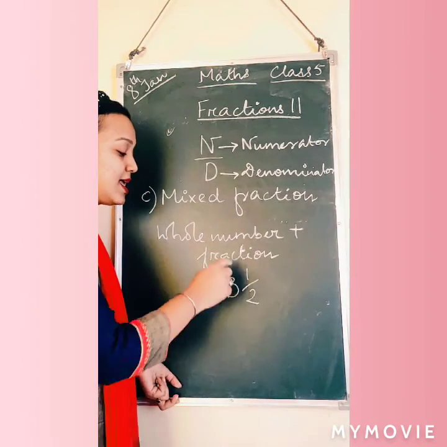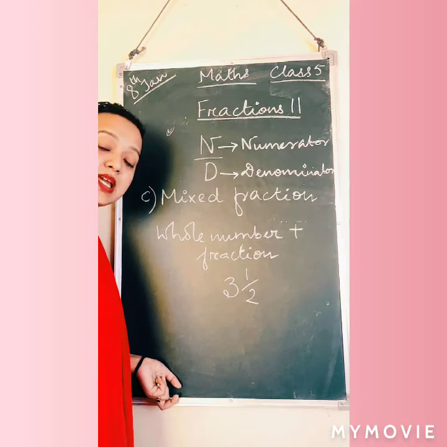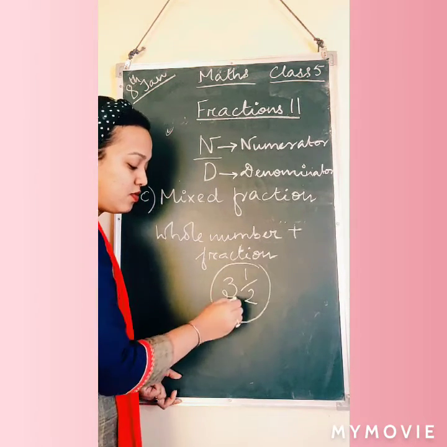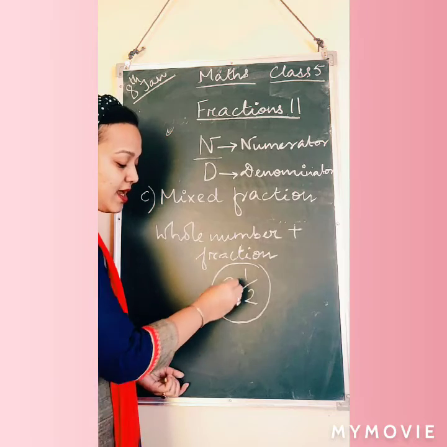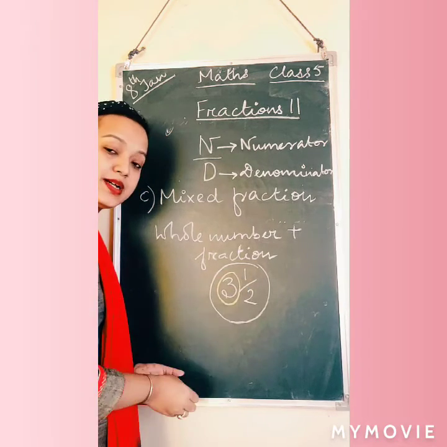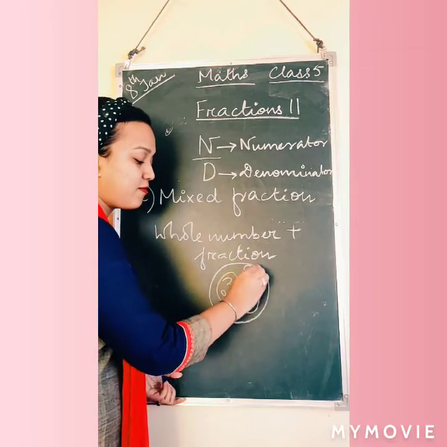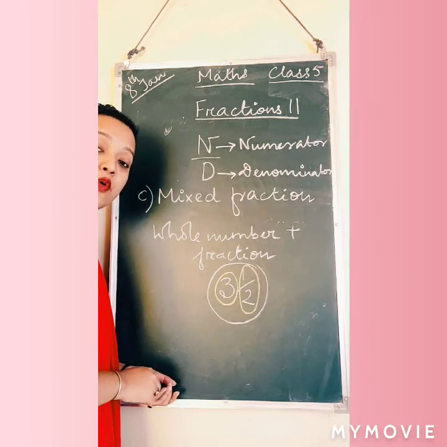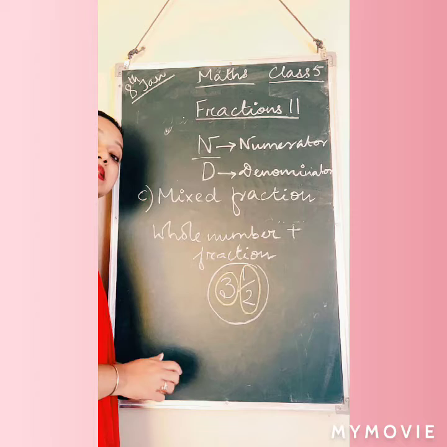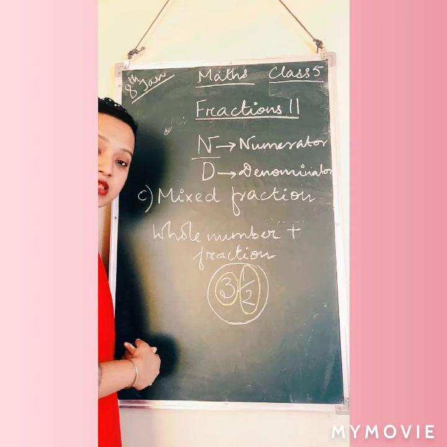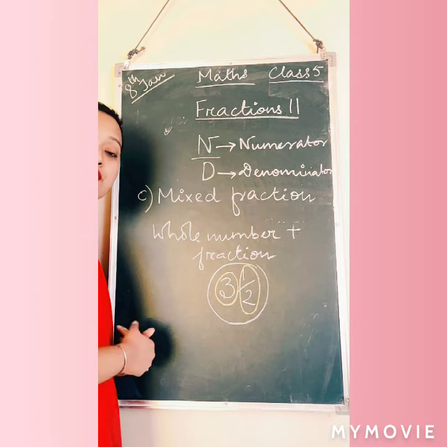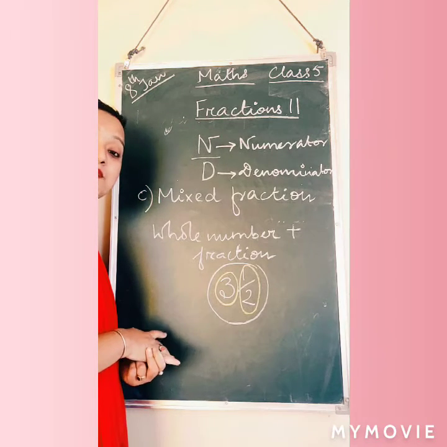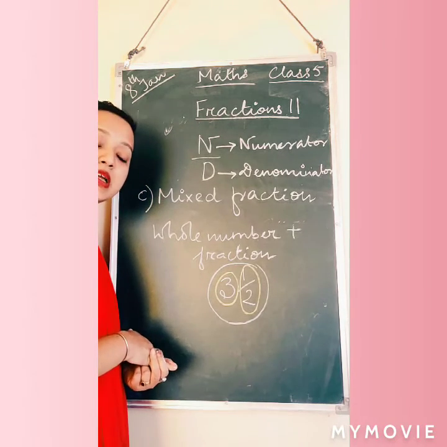Remember students, this fraction can be proper or improper. In 3 1 by 2, 3 is the whole number and 1 by 2 is the fraction. So the combination of a whole number and a fraction is called a mixed fraction. Now you all know what a proper fraction, improper fraction and mixed fraction are.